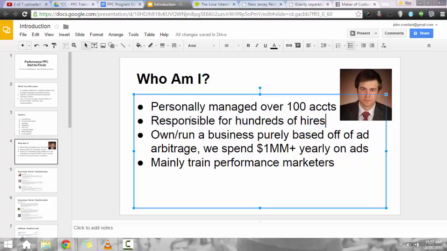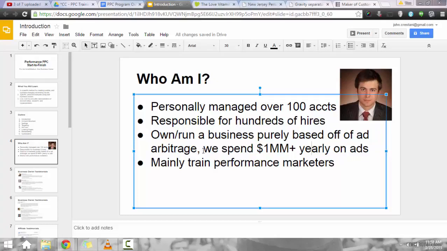So I've definitely had a number of successes. I've also been involved in another company, a separate company that also did lead gen, that I managed their PPC, and they went from a $5 million to a $55 million company within 3 years. So I've definitely seen some massive changes from PPC. I personally own and run a business purely based off of ad arbitrage.